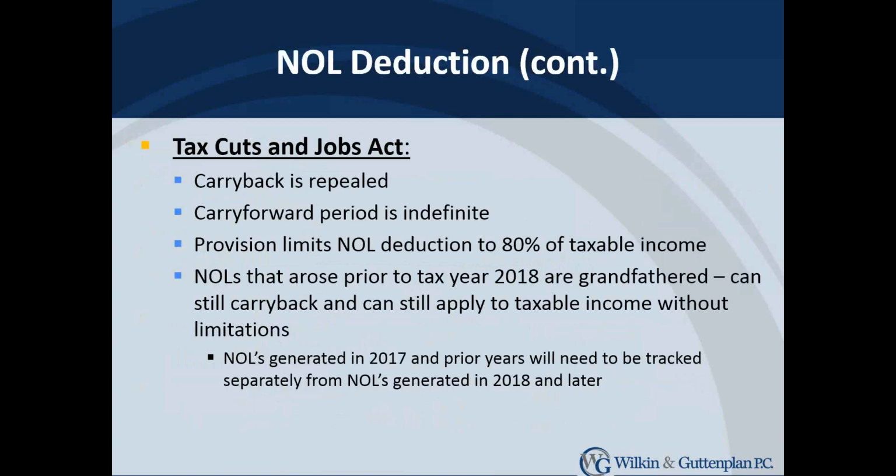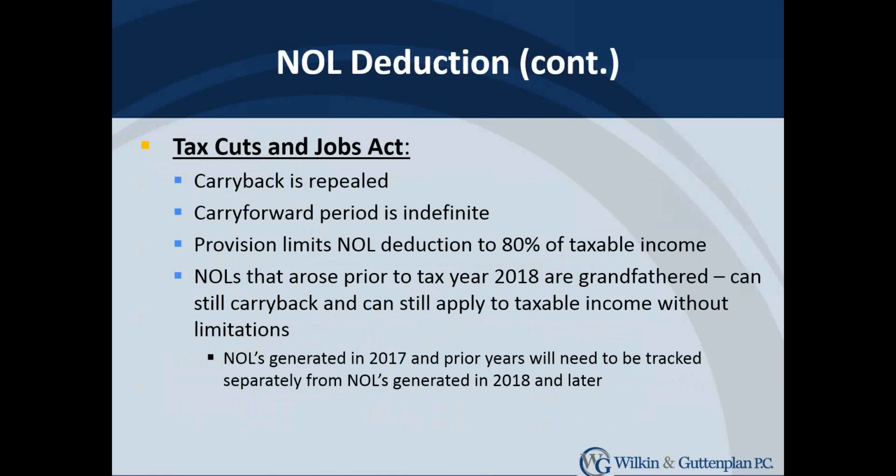Starting in 2018, the carryback is repealed, so there's no longer an option to carry back any losses, but the carryforward period is indefinite. The NOL deduction is also going to be limited to 80% of taxable income. So NOLs that arose prior to tax year 2018 are grandfathered.